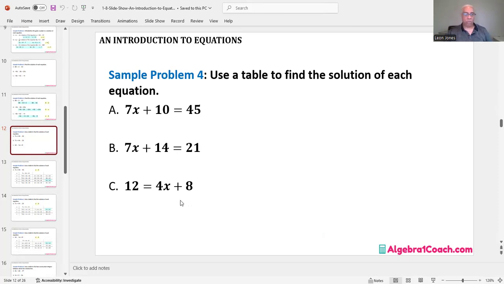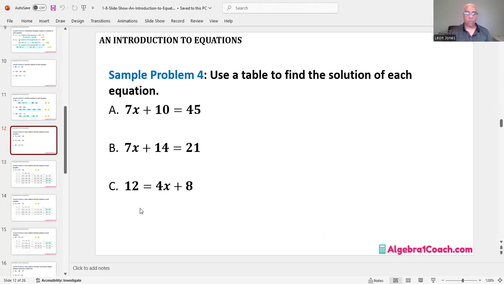Now, they may switch the question around. Remember, math is cumulative and associative. So 12 equals 4x plus 8. Now, there's something that I could have done with this equation and this equation. If I wanted to get rid of the 7s, I'd divide everything by 7, and I would get x plus 2 equals 3.